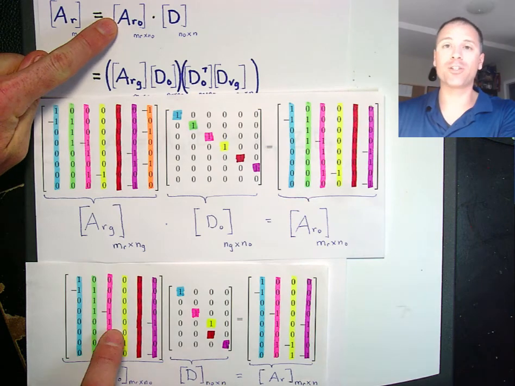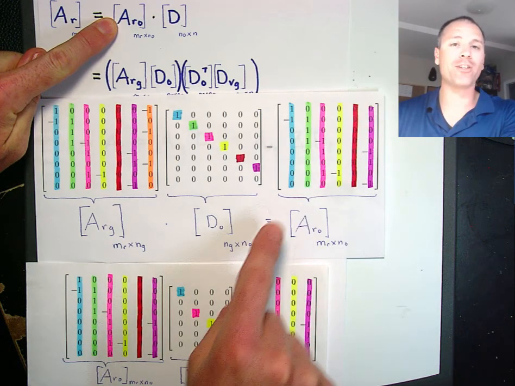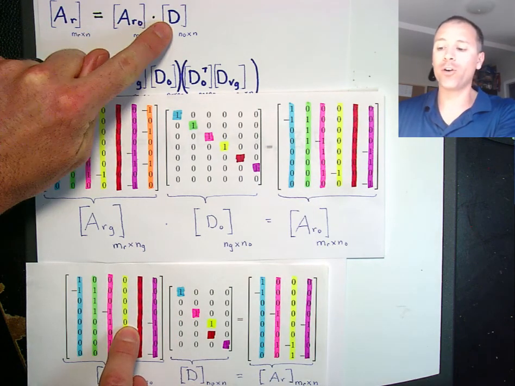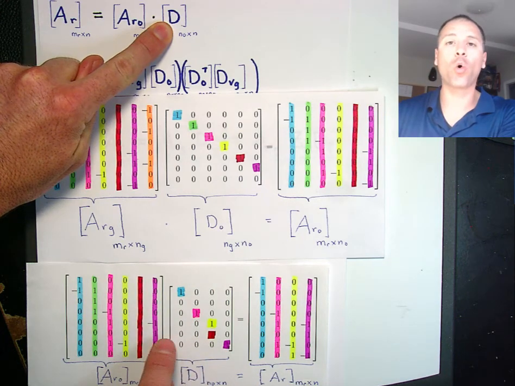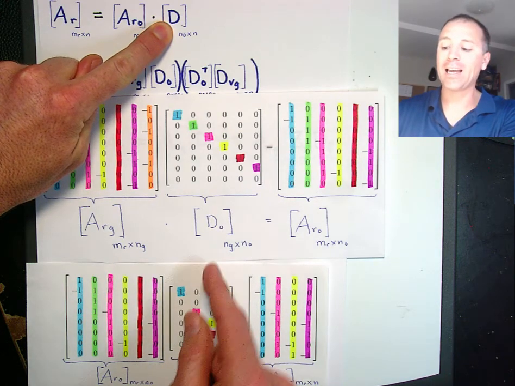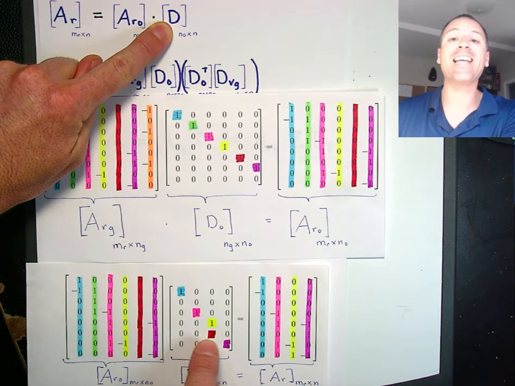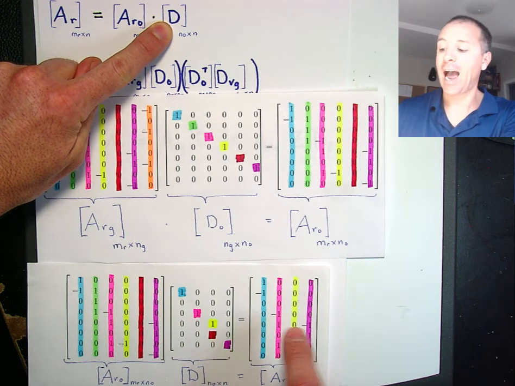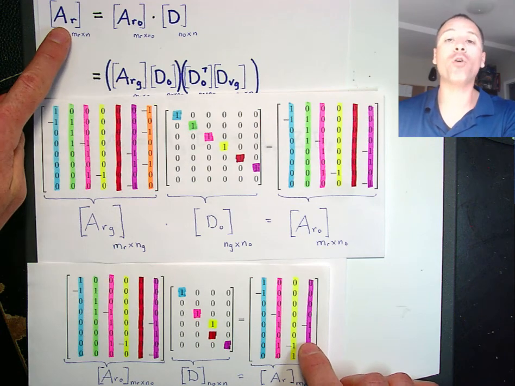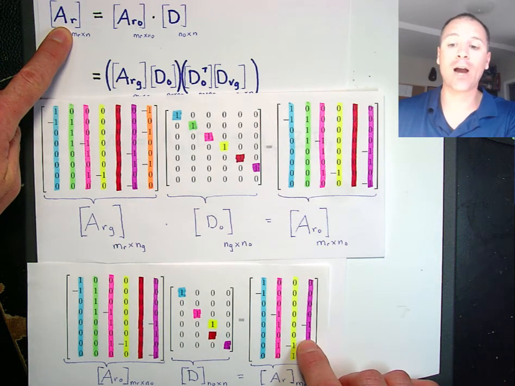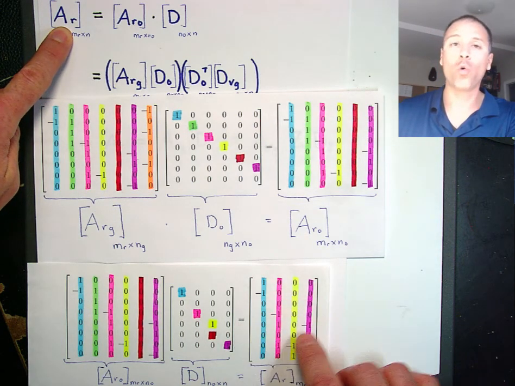Because that grounded resistor subblock has no reference to the ground node, when we go to deflate it, we delete the corresponding row and the corresponding column in the deactivation matrix that contains ground node information, and that resulted in the fully deactivated and grounded matrix A sub r, which was here.